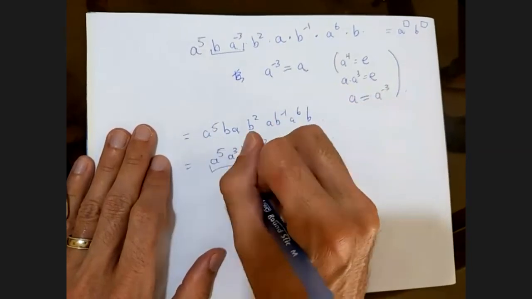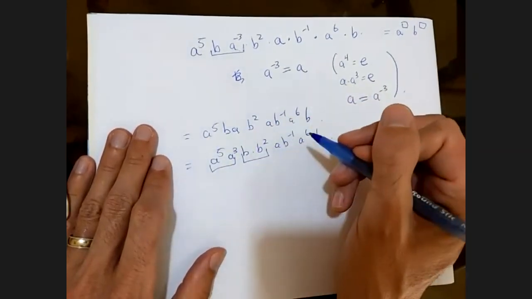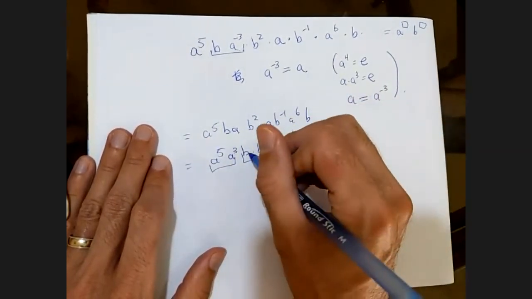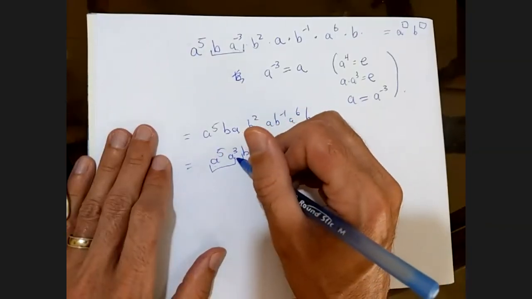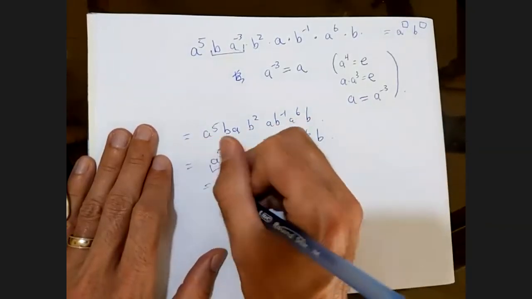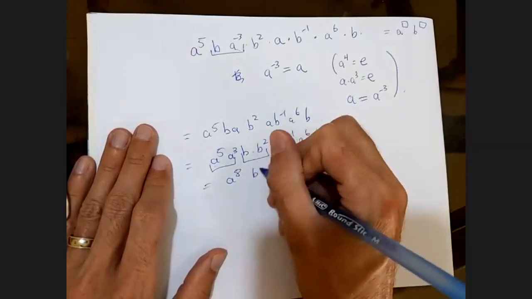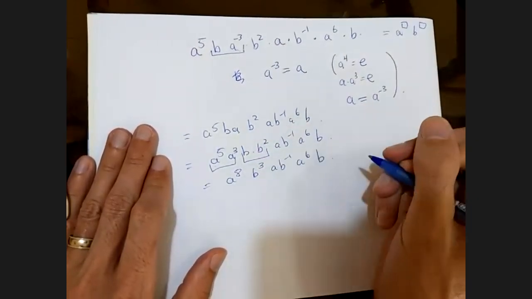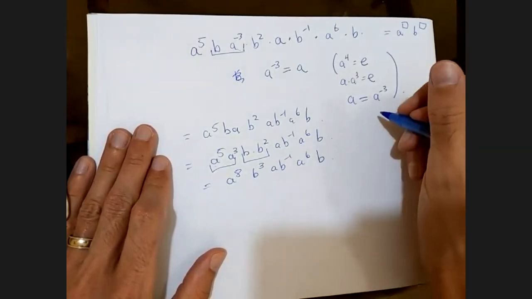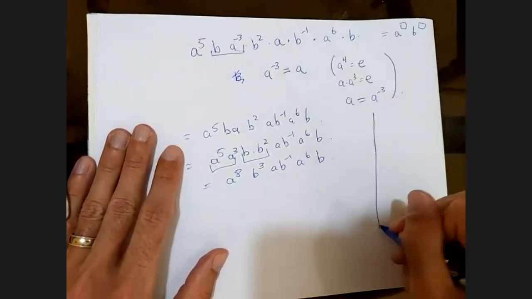So now I have A to the 5th times A cubed. I have B times B squared. So B times B squared is really B cubed. A times A to the 5th times A cubed is really A to the 8th. Now remember, in my definition of D4, I have these relations.